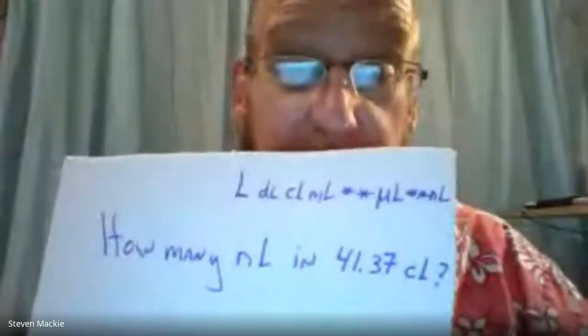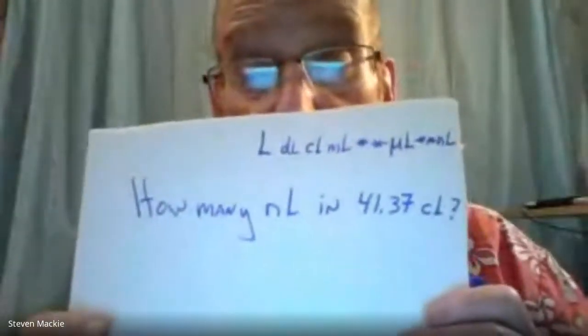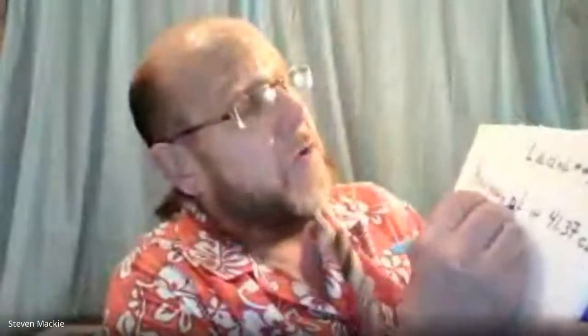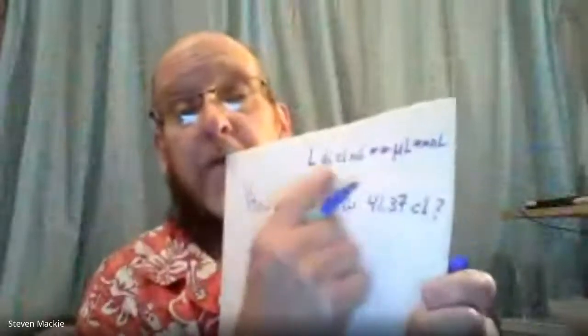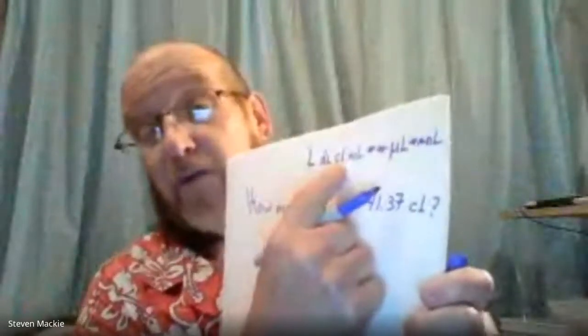Well, I realize my writing leaves a lot to be desired, but how many nanoliters, that's an N here. So I'm asking, how many of these little teeny tiny things are there in these? Well, these are still pretty tiny, but they're much bigger than that. A centiliter is 10 million times bigger, even though it's on that side.